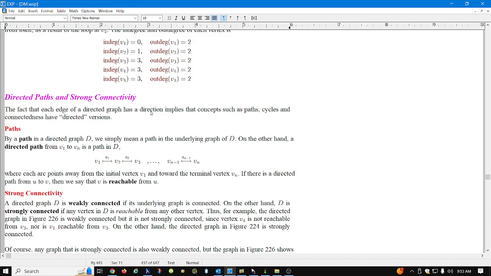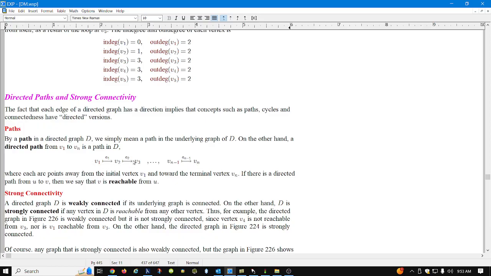But a directed path from a vertex V1 to a vertex Vn is a path. It looks like this in symbols. Each arc points away from the first vertex, the initial vertex V1, toward the terminal vertex Vn.